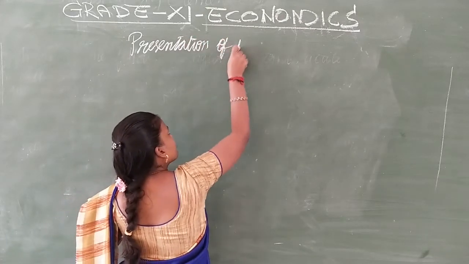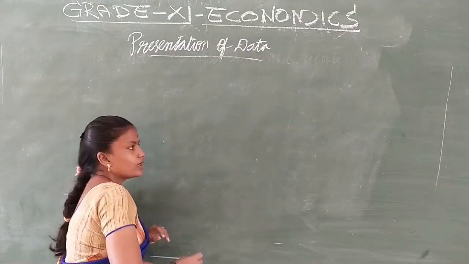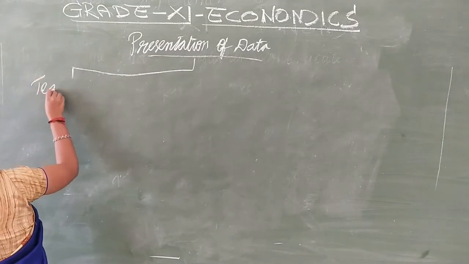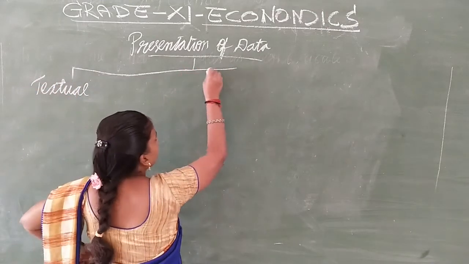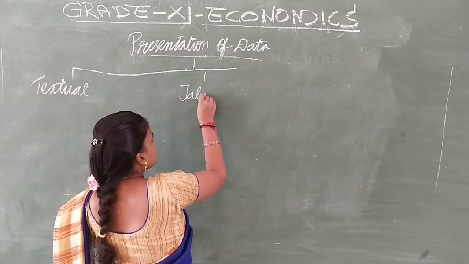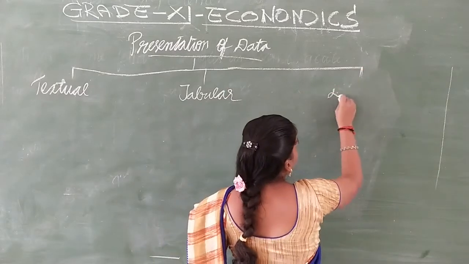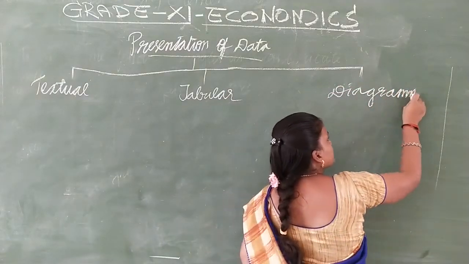We are in chapter 4, which is presentation of data, and we have the textual presentation. We have the tabular presentation, and thirdly we have the diagrammatic presentation.